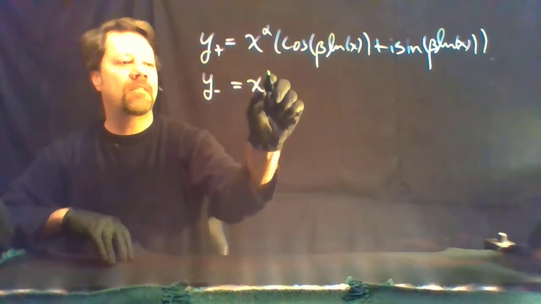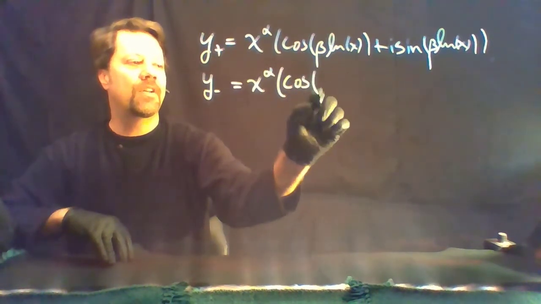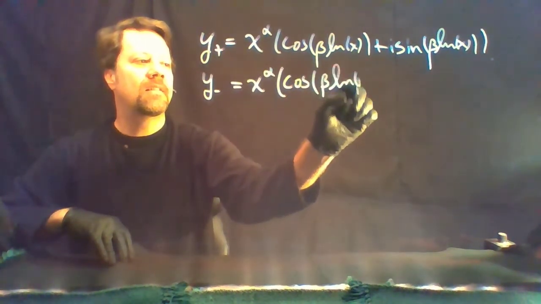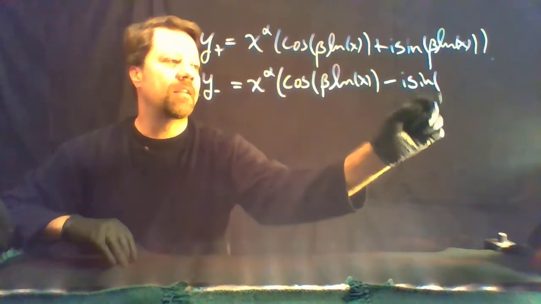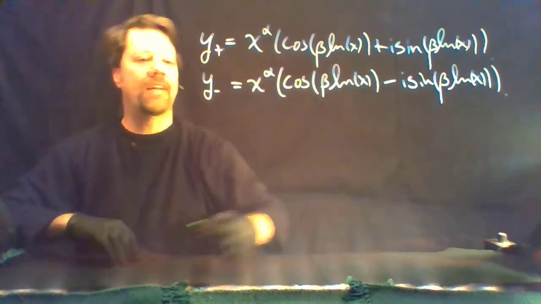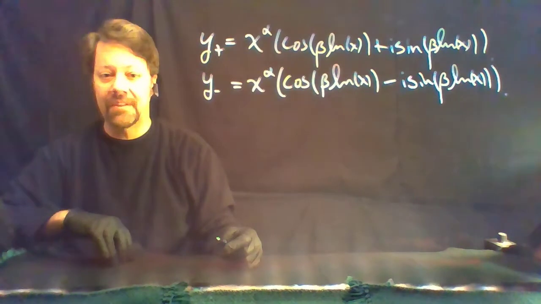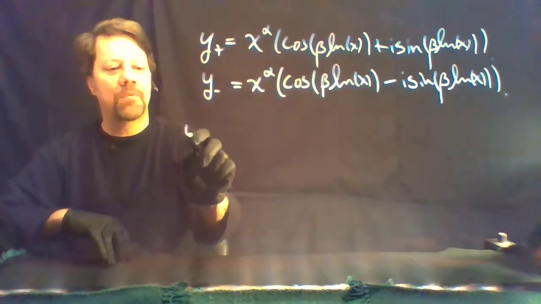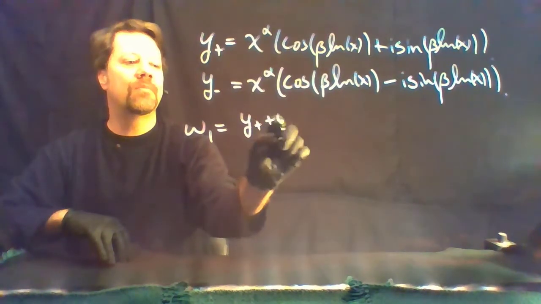So the complex conjugate yields the solution x to the alpha cosine of beta natural log of x minus i sine of beta natural log of x. Both of these solutions being complex valued. But we know how to play this game. We'll set W1 to be the average of these two.